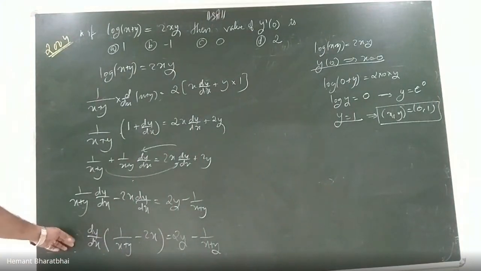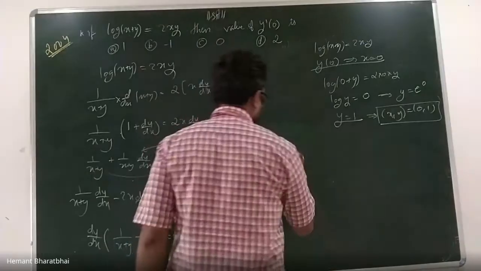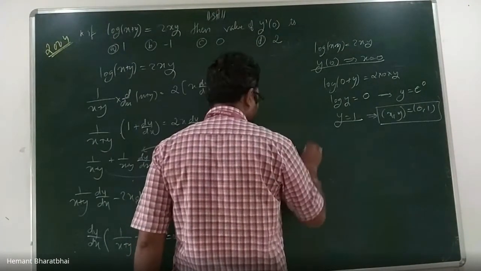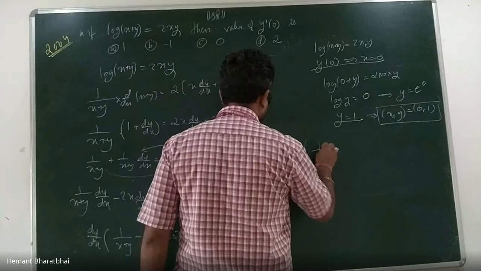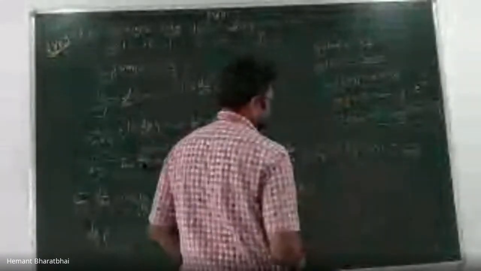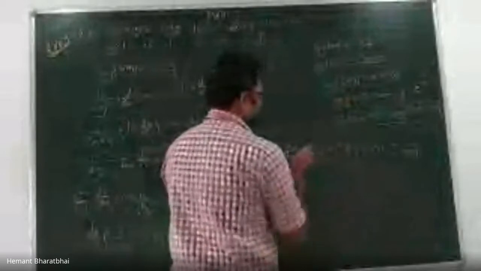So when my x is 0, my y is 1. So I'll substitute over here. Therefore, dy by dx into 1 upon 0 plus 1 minus 2 into 0 is equal to 2 into 1 minus 1 upon 0 plus 1. Therefore, I will get dy by dx is equal to 1 upon 1, that is 1, 2 into 0, that is 0.